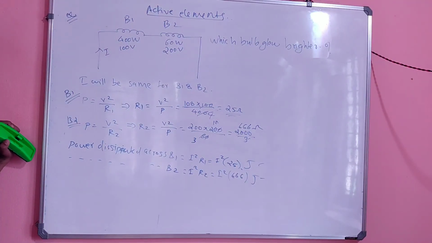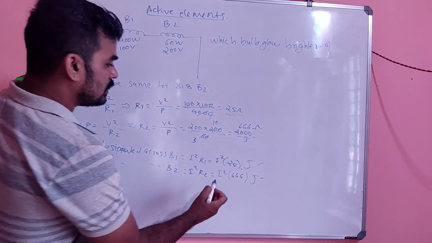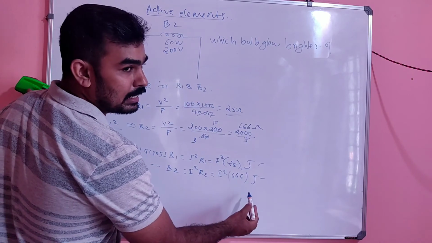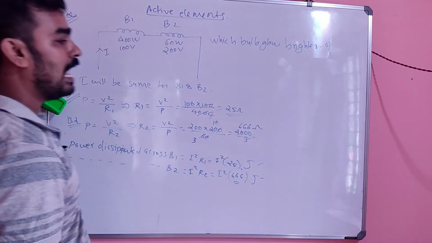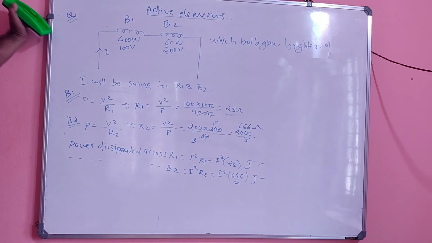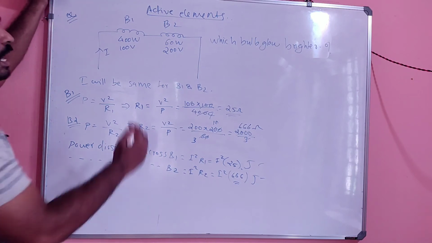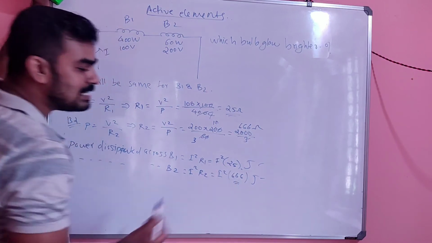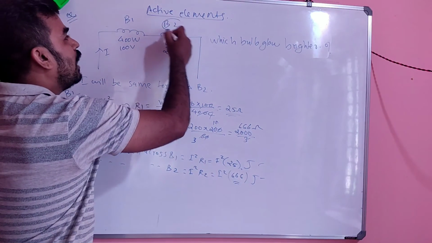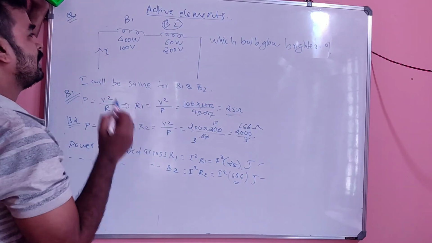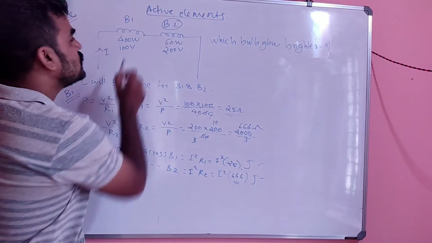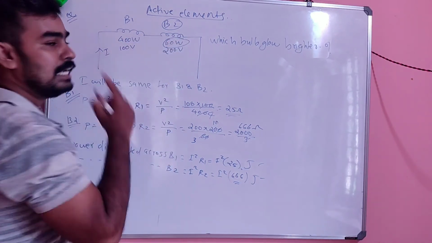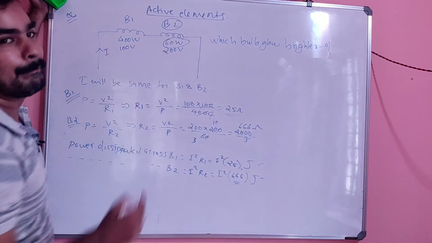Of course, the lamp at which we have more resistance. In what lamp we have more resistance? In B2 we have more resistance. So in series connection, the lesser wattage lamp will glow brighter.